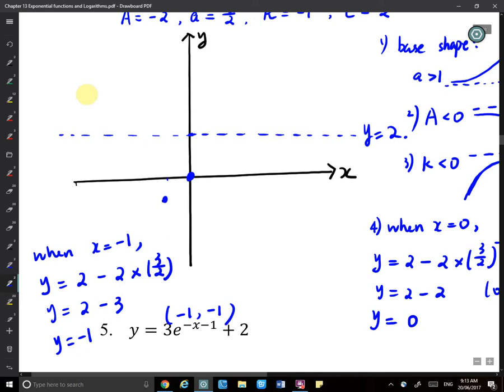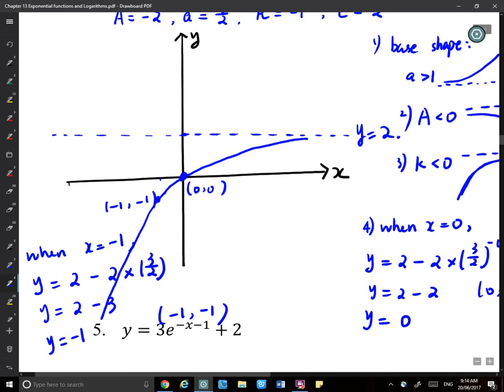Okay, that's the shape of the graph. Oh my god, that's a bad graph. Like this. You have 0, 0 and -1, -1. You will have a domain of R, and you will have a range of negative infinity to 2, not inclusive at both ends.